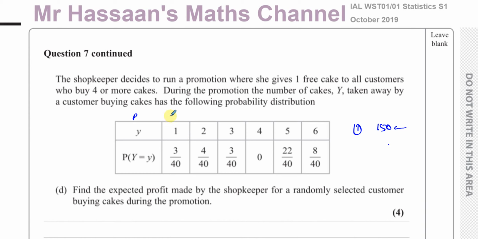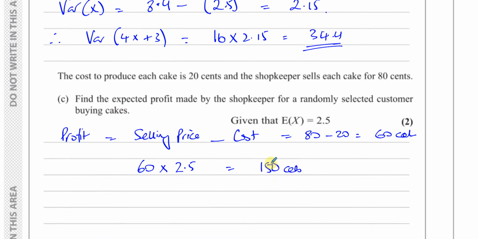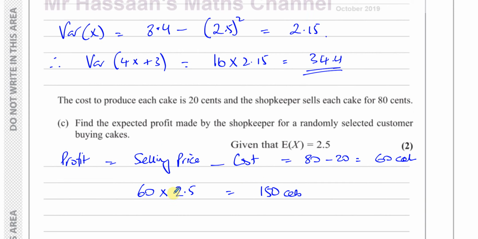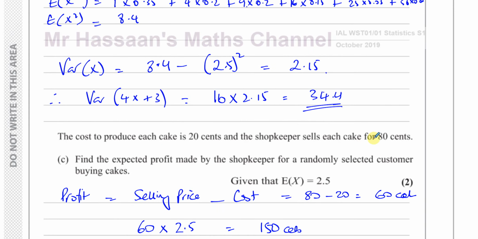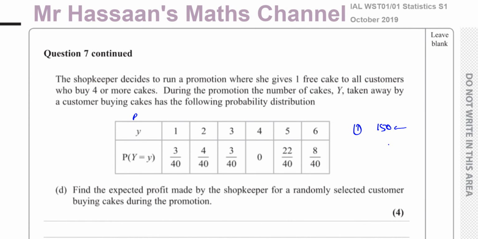Actually, let me just go back there. The expected profit for one cake was 60 cents, sorry. 150 was the expected value. So 60 cents is the profit on one cake.